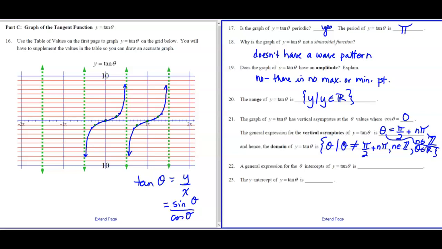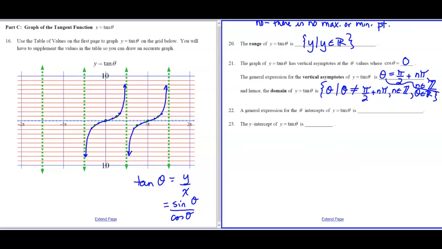Well, can you also put x, or should we use theta? In this case, because we called it theta, we should use it. You can't use interval notation really on this.